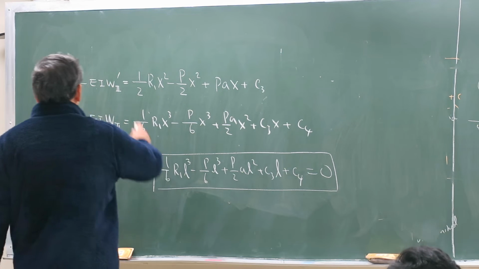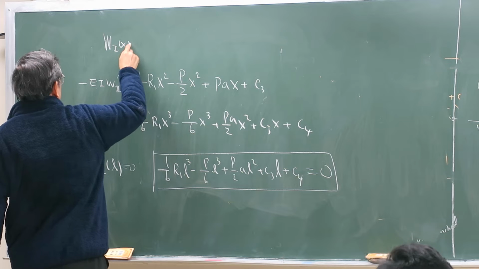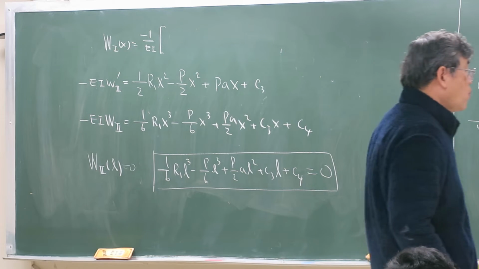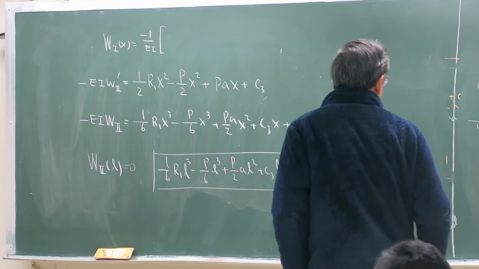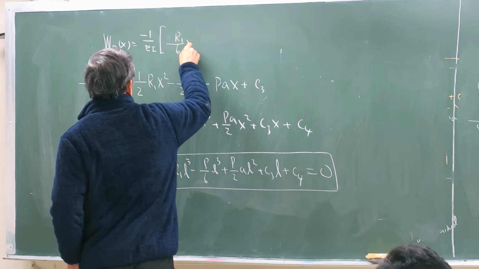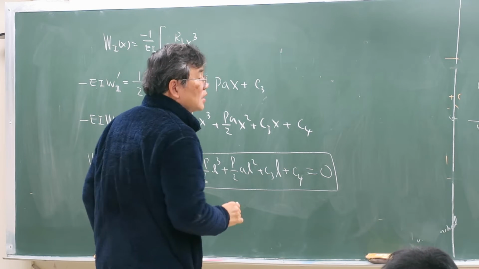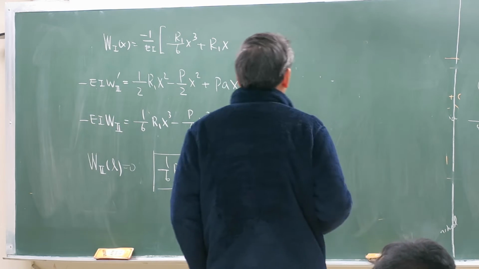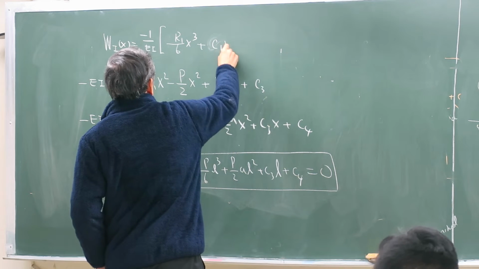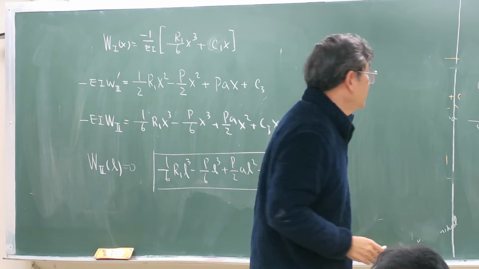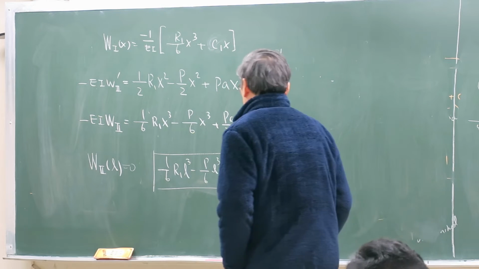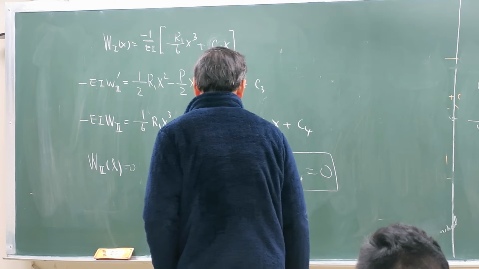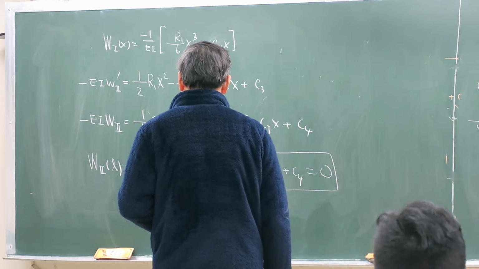So for W1, we already get minus EI W1 is one sixth R1x cubed plus C1x, because we know C2 is 0.